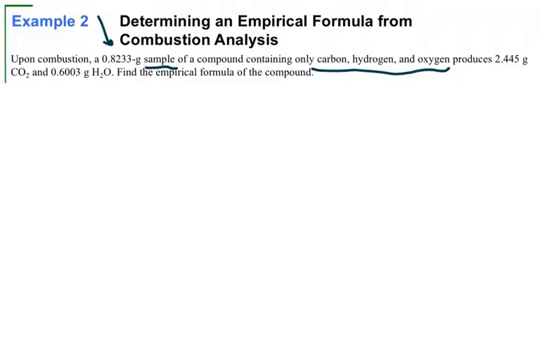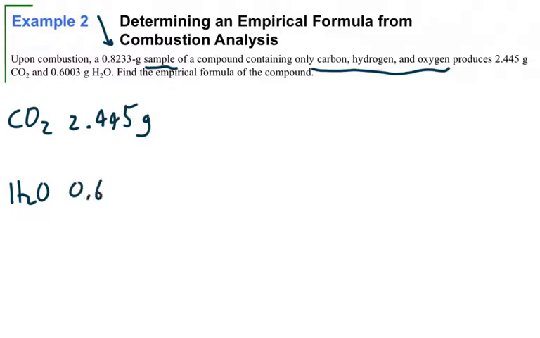So here's what we're going to do. If you recall, let's break down the data. Well, here we got, for CO2, 2.445 grams. For water, we have 0.6003 grams. Now remember, from the CO2, we can find how much carbon we have, and from the water, we can find out how much hydrogen we have.